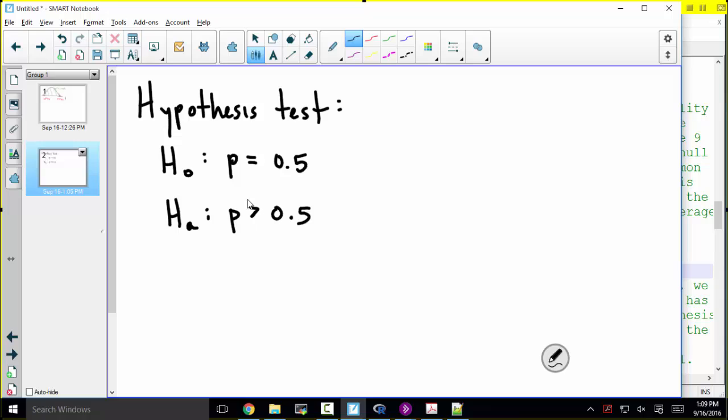Because of the form of this alternative, I'm interested in right side relationships. I'm interested in evidence that p is bigger than the null value. So what I'm going to want to compute is the probability that I would see 9 or even more under this case when the null is true.